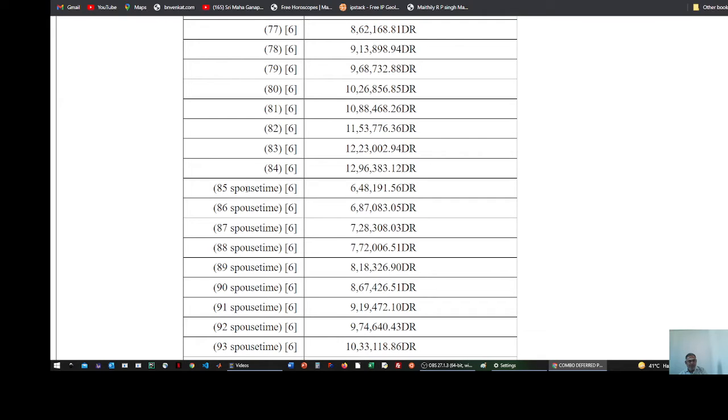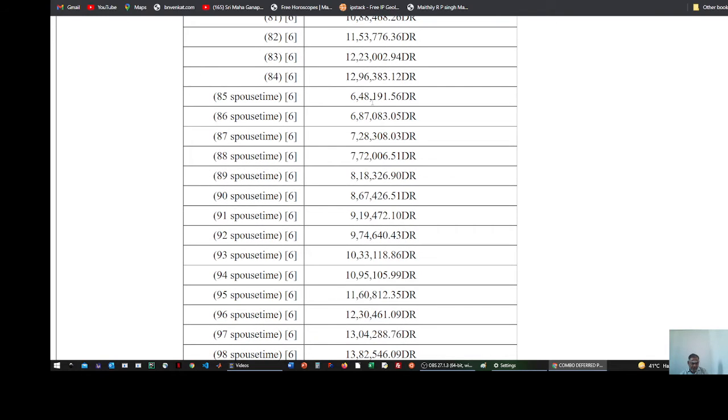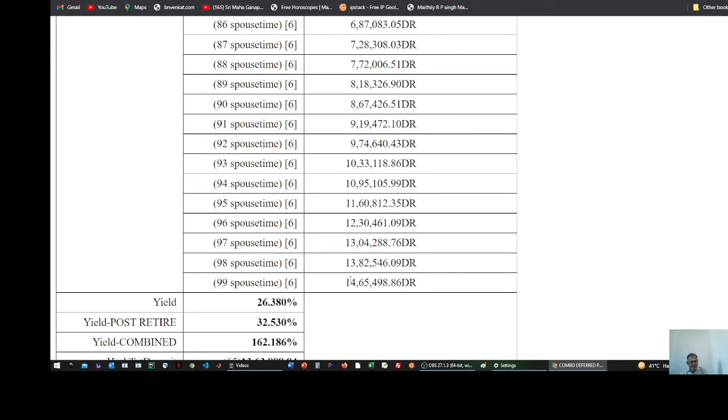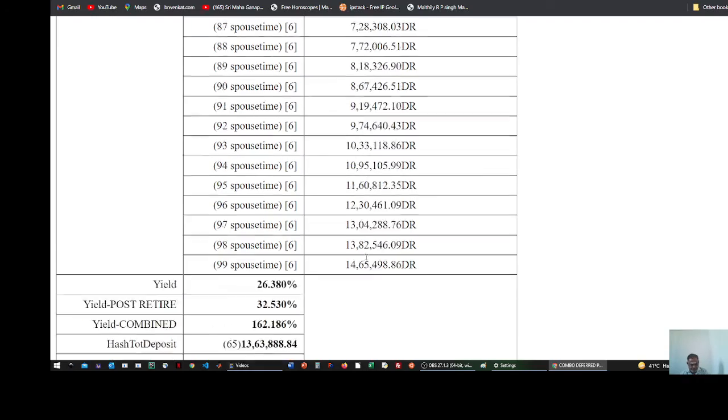And during the spouse time, after the completed age of 85, the spouse will get half the previous pension, previous annuity or previous withdrawal done by us. And then again it increases by 6%, and by the 99th year completion, one gets 14.65 lakh.